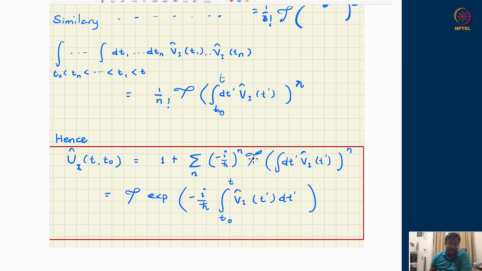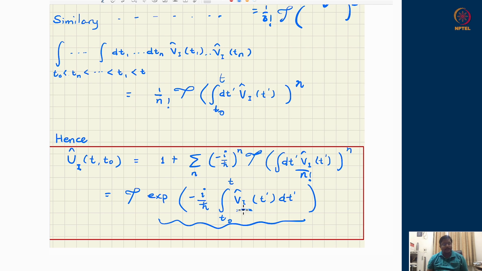The time ordering operator can be taken out, and then it becomes 1 plus the power series expansion, where I had missed that 1/n factorial was there, of the integration of the interaction Hamiltonian to the power n divided by n factorial, which ultimately gives me the exponential of the integration of the Hamiltonian in the interaction picture.